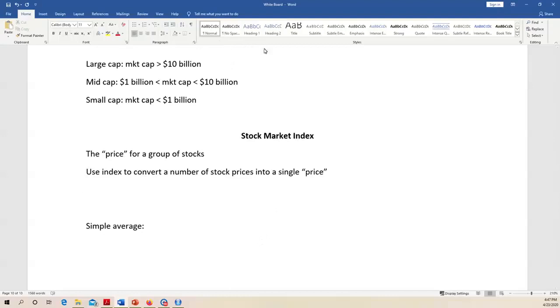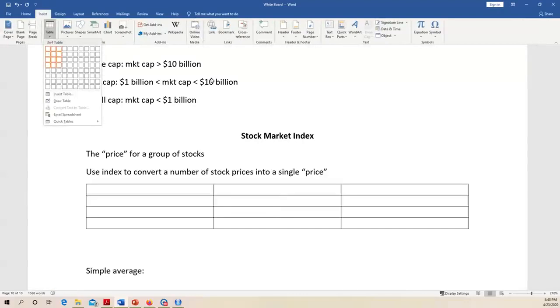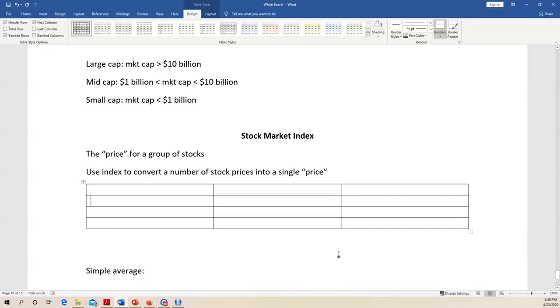Suppose we have 3 companies with some information like this. We have company A, company B, and company C, right? And we know their latest stock price. And we also know their market cap, their current market size. Let me center everything.